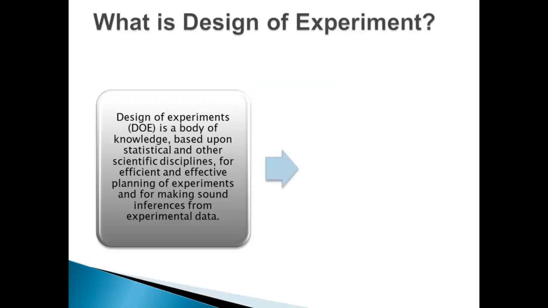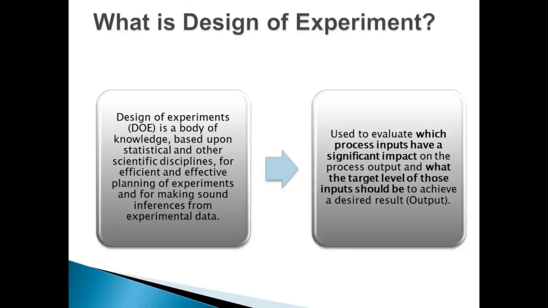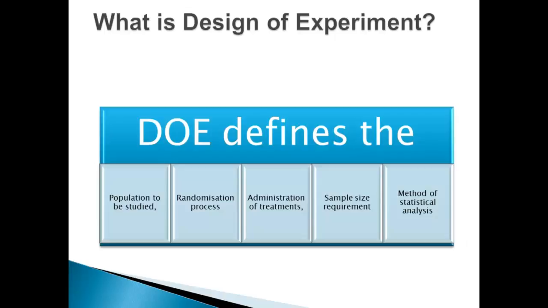Design of experiment is a body of knowledge based upon statistical and other scientific disciplines for efficient and effective planning of experiments, for making sound inferences from experimental data. It's used to evaluate which process inputs have a significant impact on the process output and what the target level of those inputs should be to achieve a desired result or output.